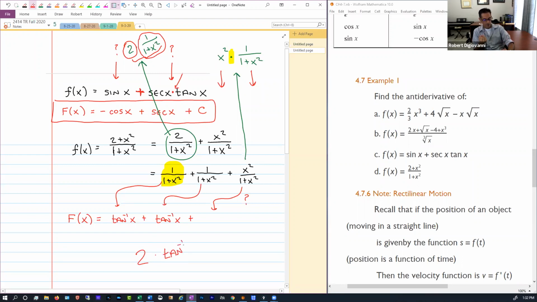Arctangent of x, right? That's the same as this, because arctangent of x plus arctangent of x is 2 arctangents of x. So we get the same result, right? So we're stuck, aren't we? We're stuck right here. And getting partially there is not enough. We have to get all the way there, right?